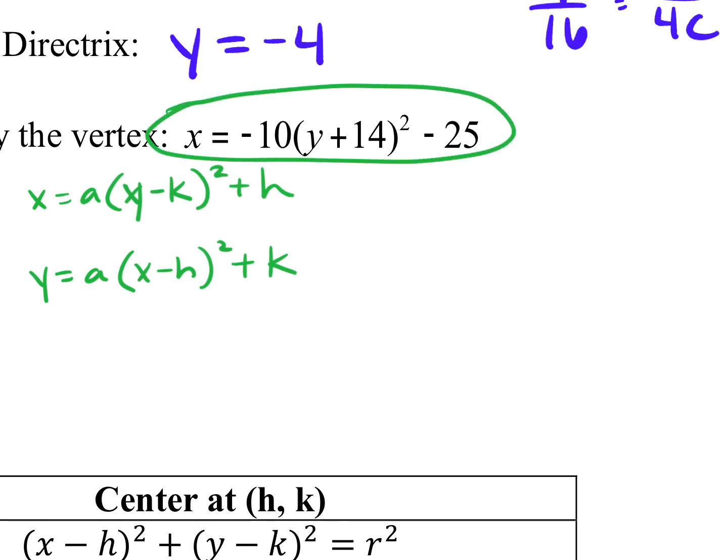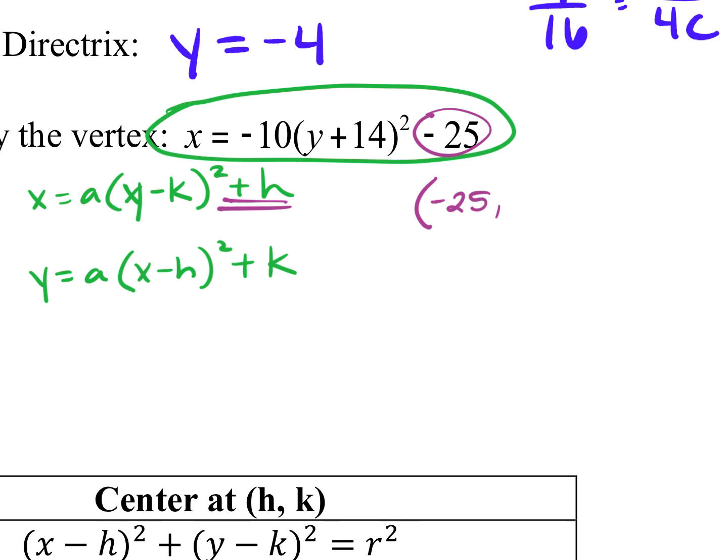You'll see this and have to tell me the vertex of this. What number is H here? I've got to say it's negative 25. It is negative 25, because you are adding the K value.